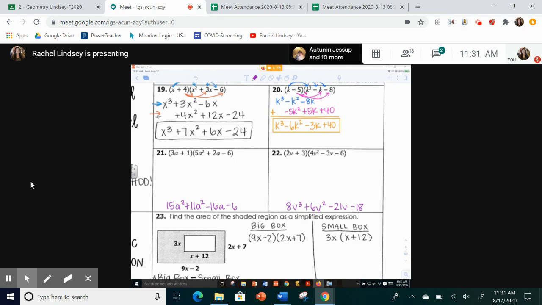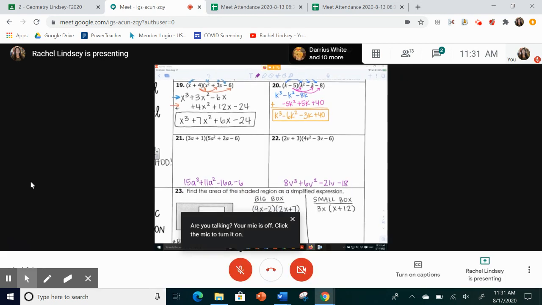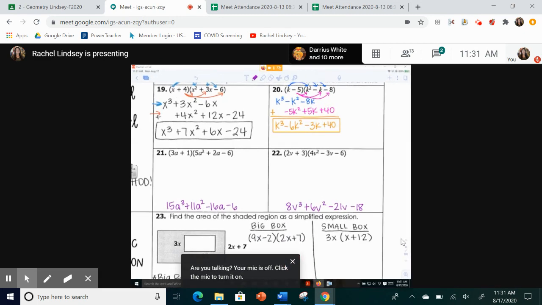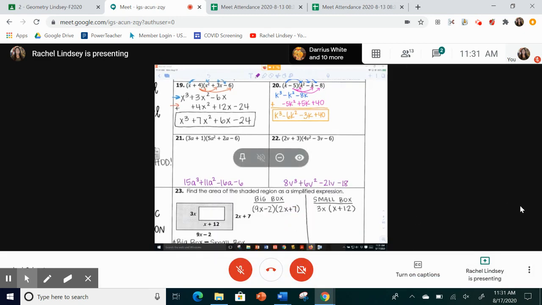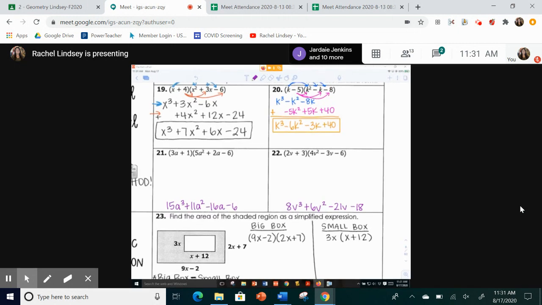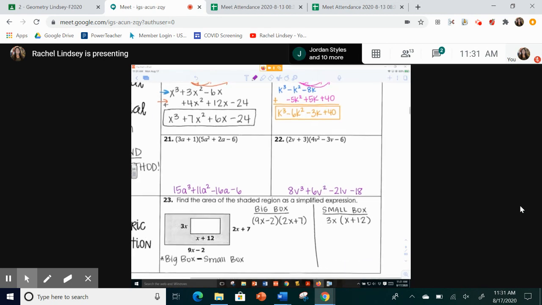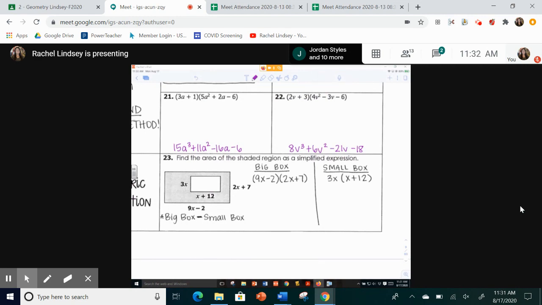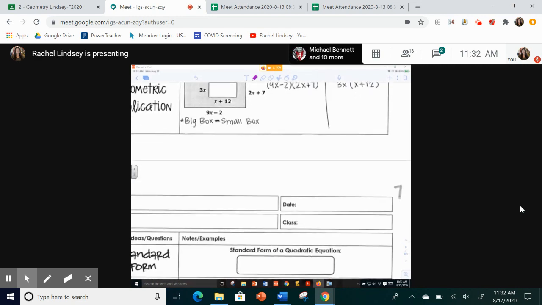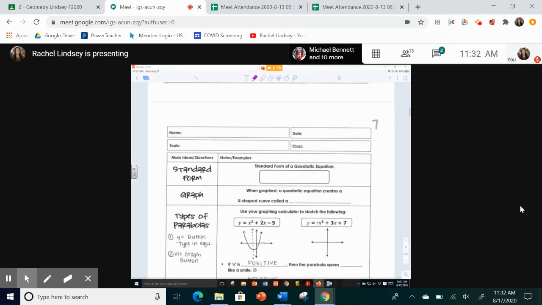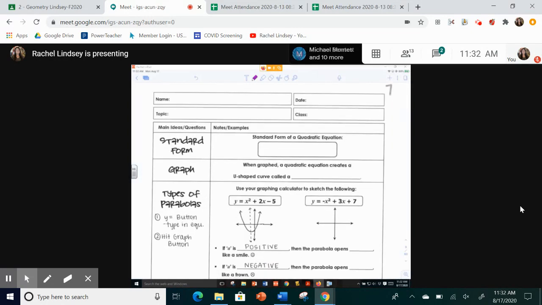And then 23 is just going to be some extra practice for y'all. It's just an application problem with area. You multiply the dimensions, length times width of the big box, length times width of the small box. And then if you want to find the shaded, you take the big box minus the small box. And we may do that as a warm-up tomorrow. But let's get through some of these notes on page 7. We're falling a little behind because of internet messing up.